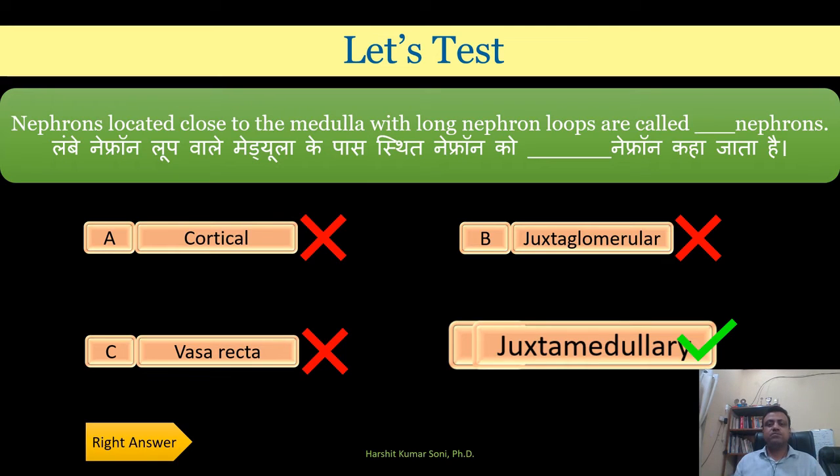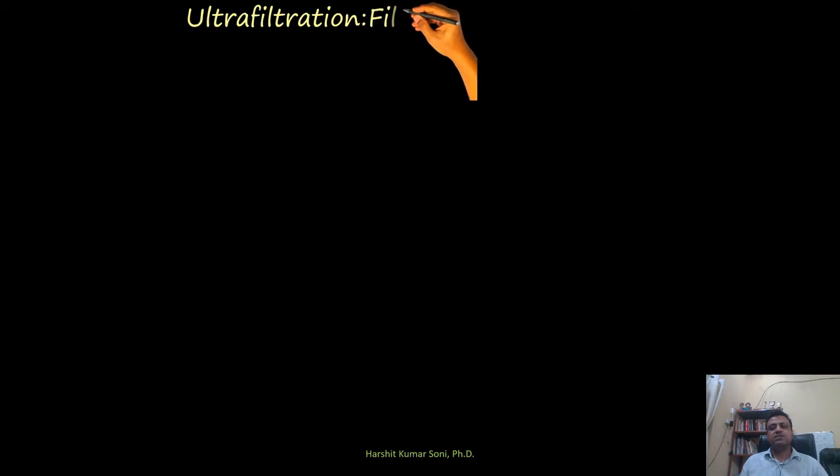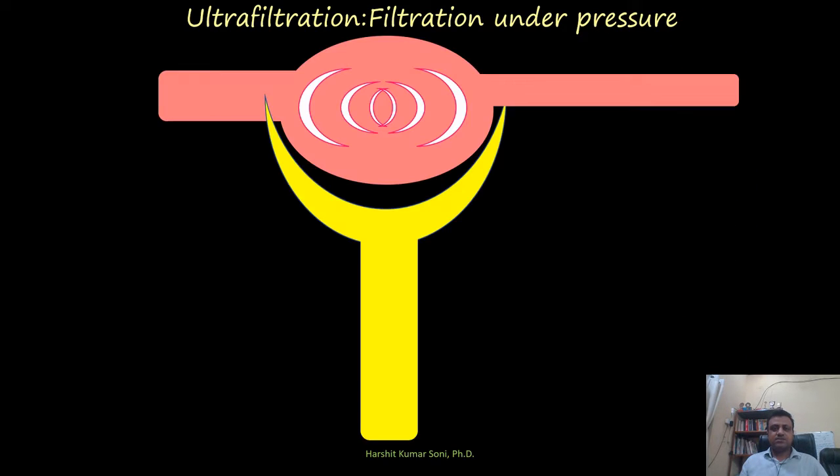So let's see the mechanism of urine formation. The first step of urine formation is called ultrafiltration. Ultrafiltration means filtration under pressure. So what all pressures are working here? Let's see. This is a simple caricature which represents the Malpighian body. This is the afferent arteriole.